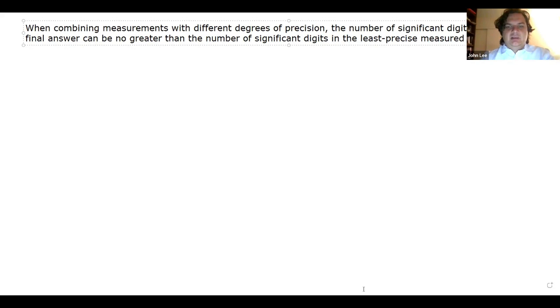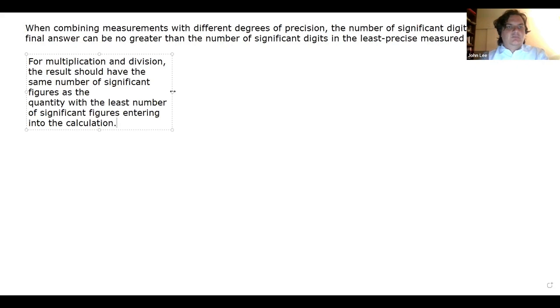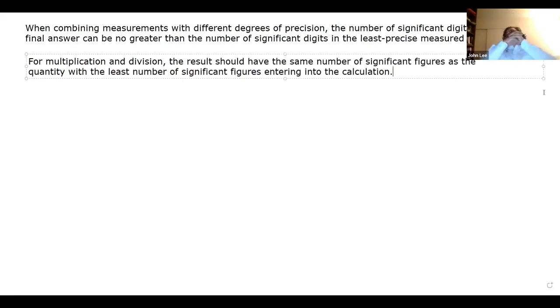So what this means for multiplication is that you just use the number of significant figures of the less precise value.